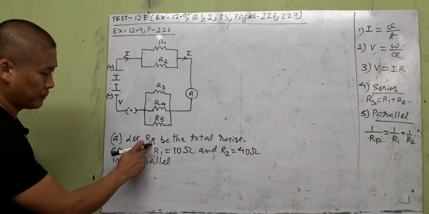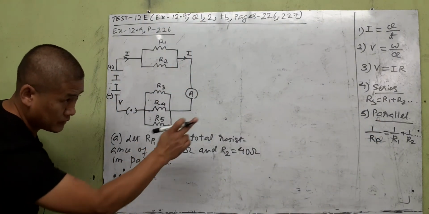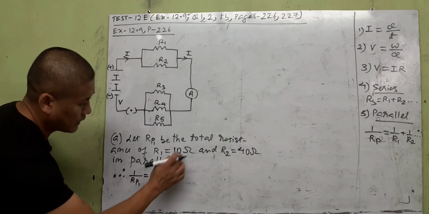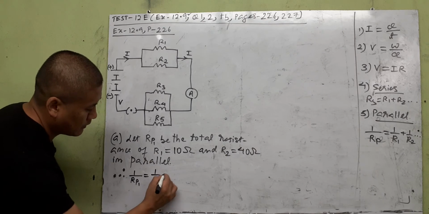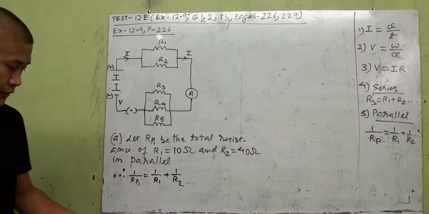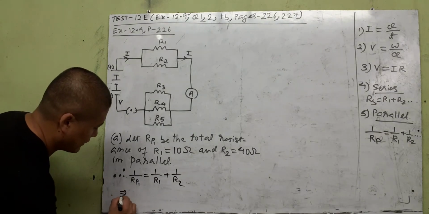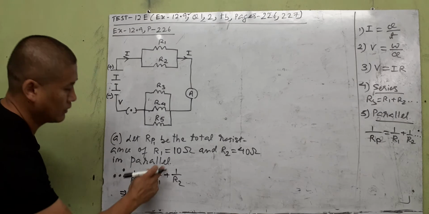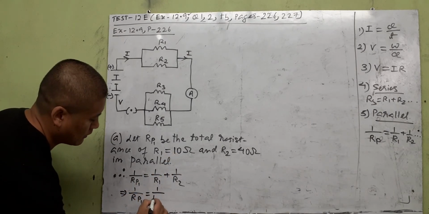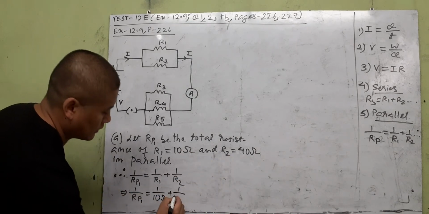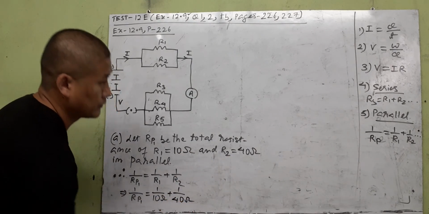So the total is Rp1, which we have to find in line with that formula. 1 by Rp1 will be equal to 1 by R1 plus 1 by R2. So that implies 1 by Rp1 will be equal to 1 by 10 ohms plus 1 by 40 ohms.